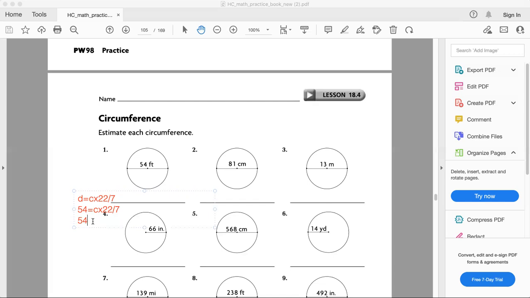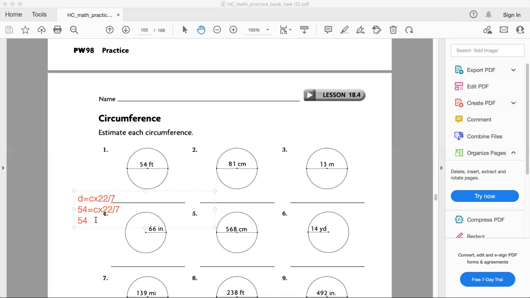No. You have to bring 22 by 7 to the left hand side, towards 54. So how will the sign change, beta? Division. Yes, it will be division.